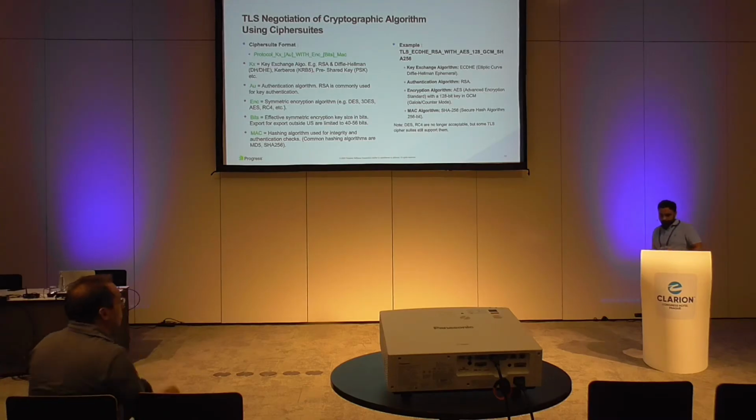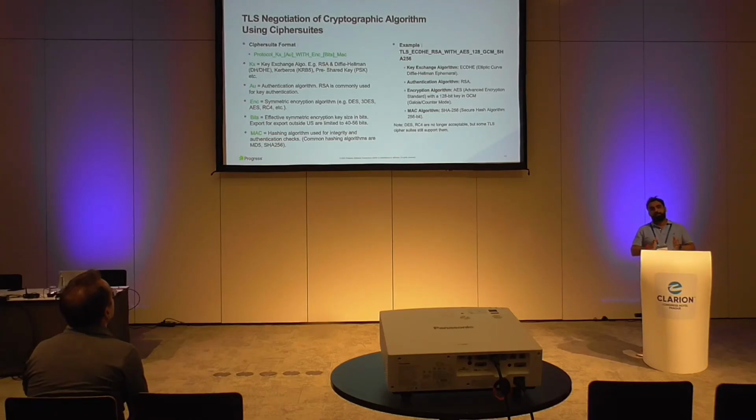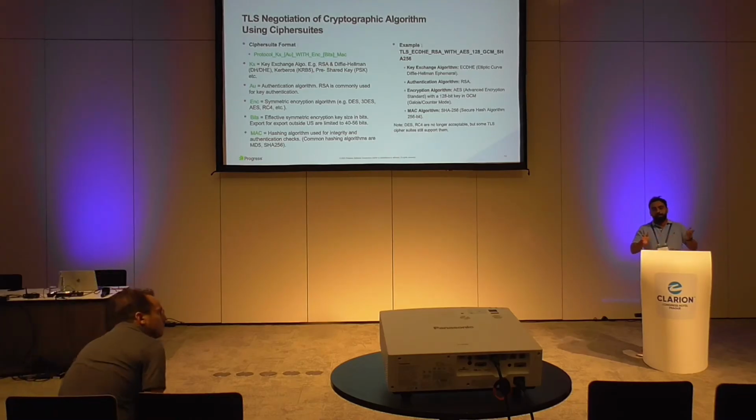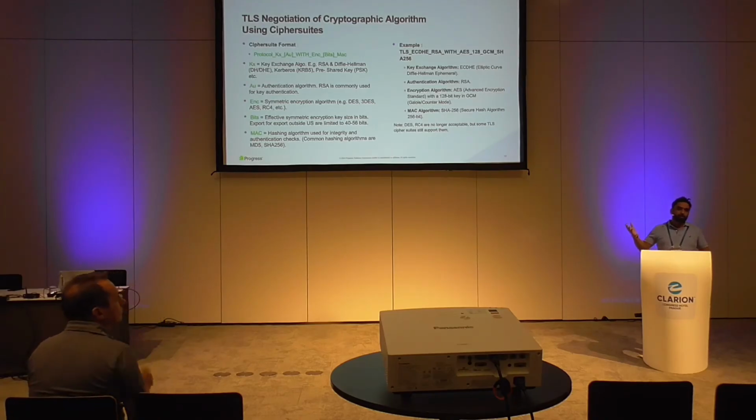Then we have key exchange. Key exchange basically indicates how the key will be exchanged between client and server. Most of the Ciphers support symmetric keys, so both client and server will exchange the symmetric key during the TLS handshake.